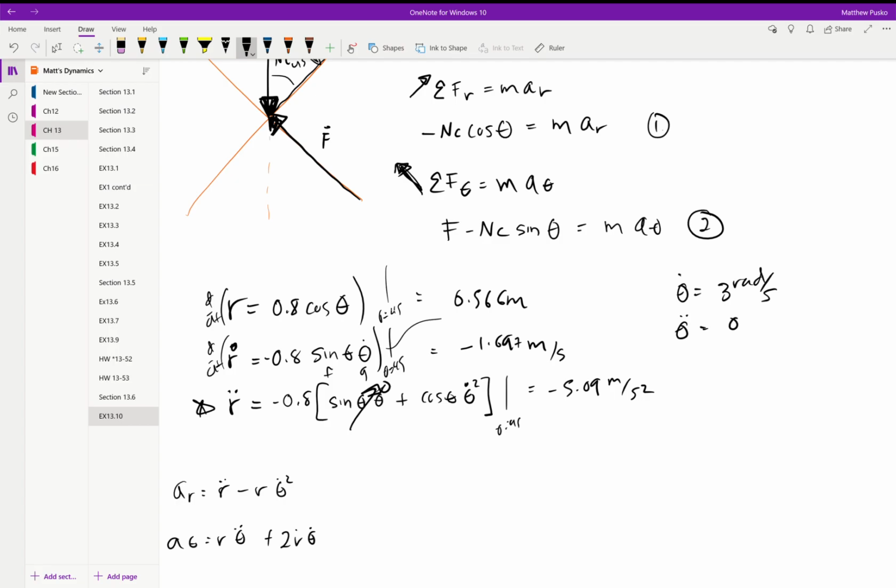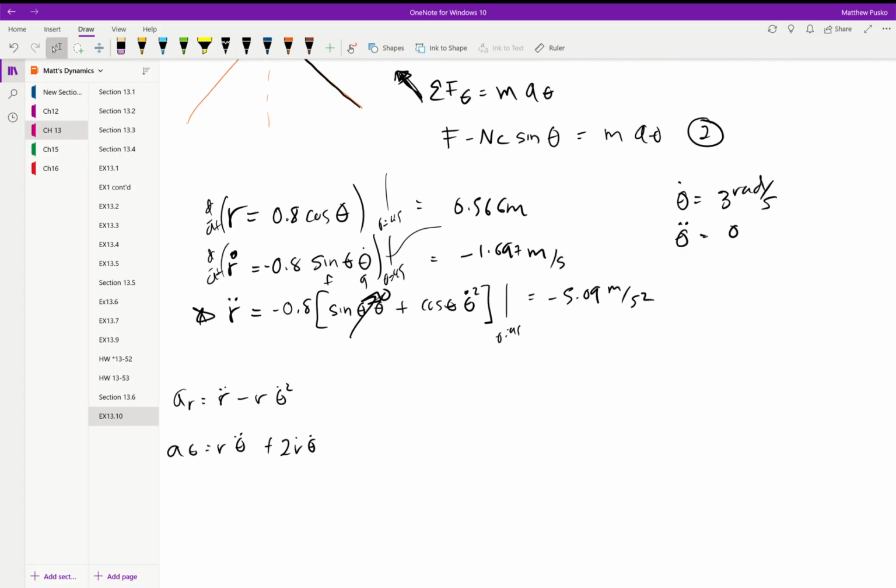Typically, if it had a theta double dot, we'd need to figure that out too. Plugging in r double dot minus r theta dot squared gives you a negative 10.18 meters per second squared, and this one also gives you a negative 10.18 meters per second squared.